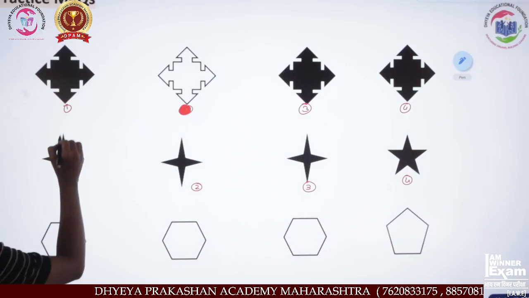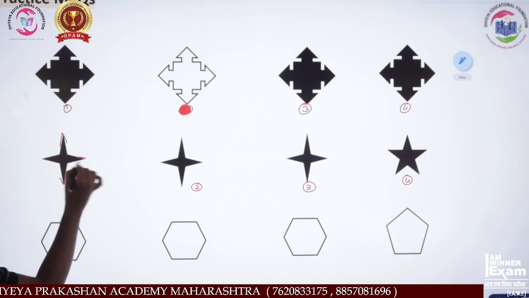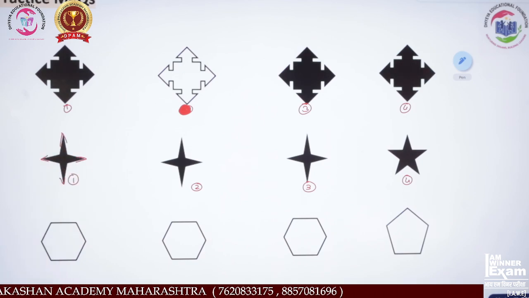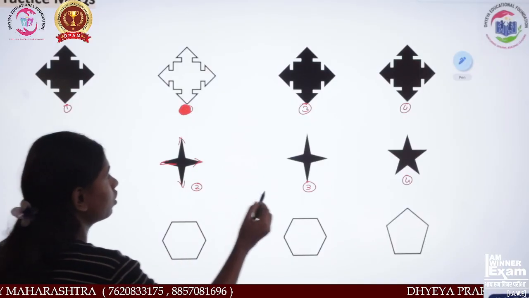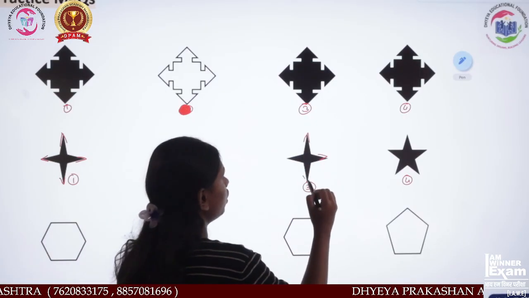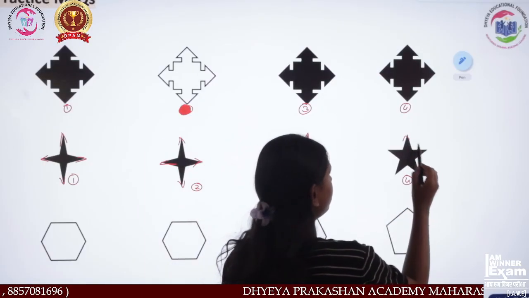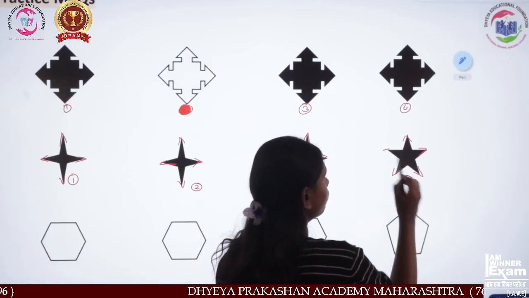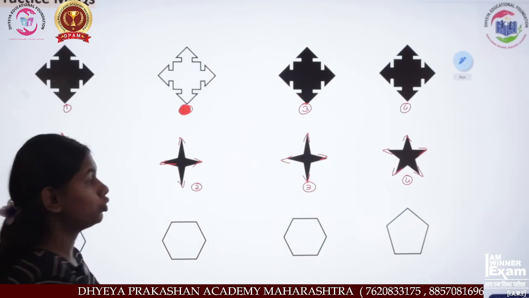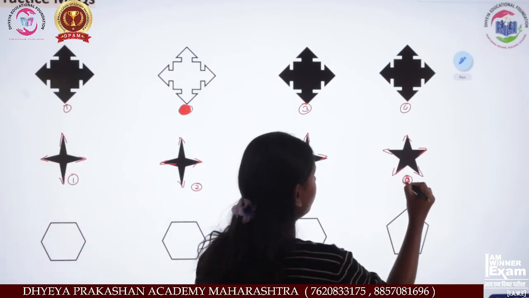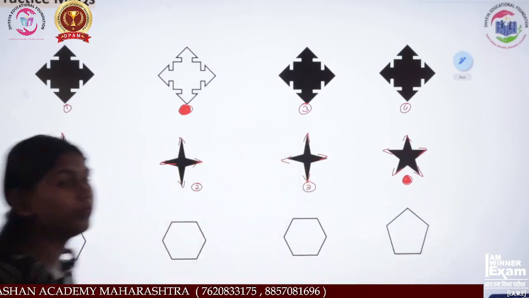All the remaining figures have 1, 2, 3, 4 corners. But figure number 4 has 1, 2, 3, 4 and 5 corners. So your correct option will be option number 4, which is the different one.